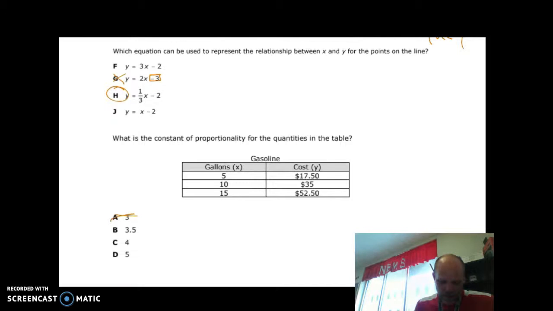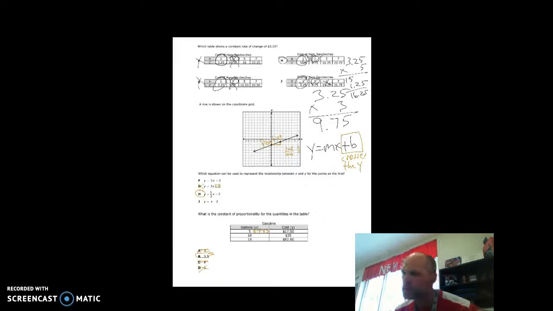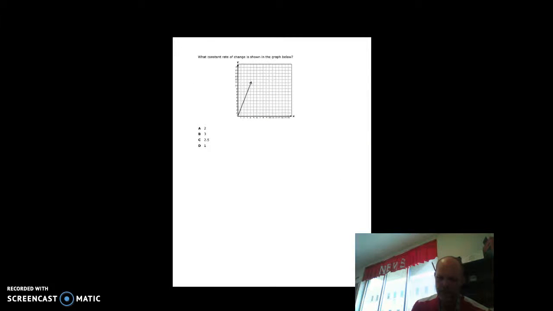So C, 4. Is 5 times 4 $17.50? No. D, I know. Is 5 times 5 $17.50? No. So it has to be that decimal. 5 times 3.5. Oh, couldn't do that. Alright, go to the next page.